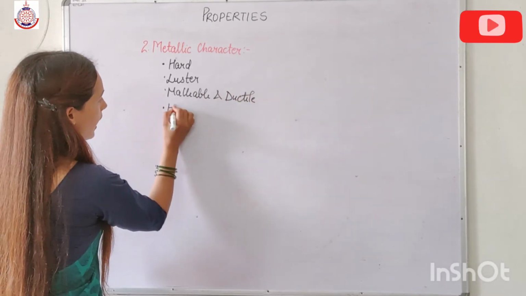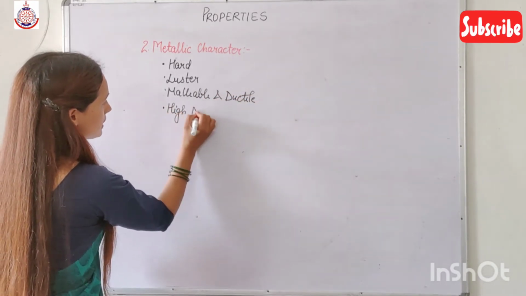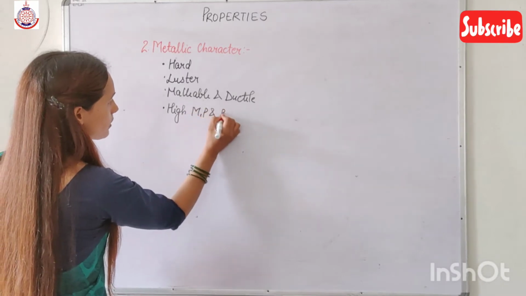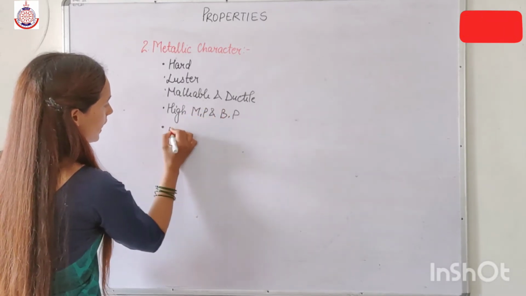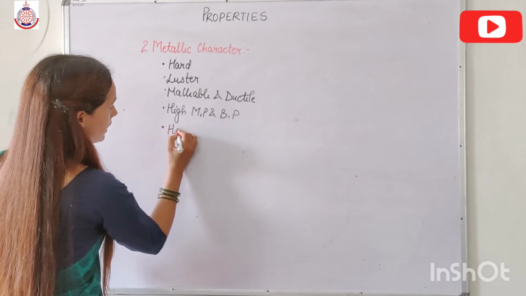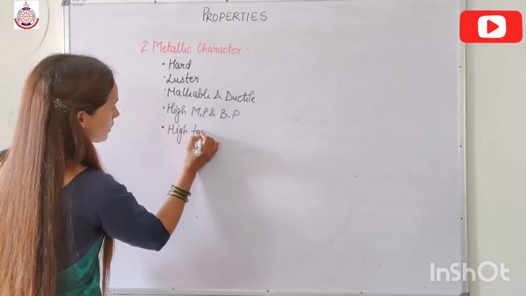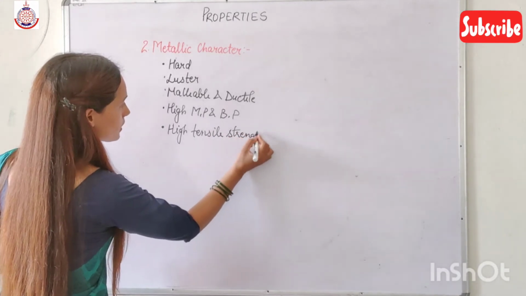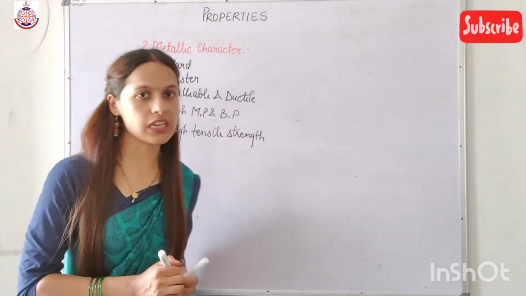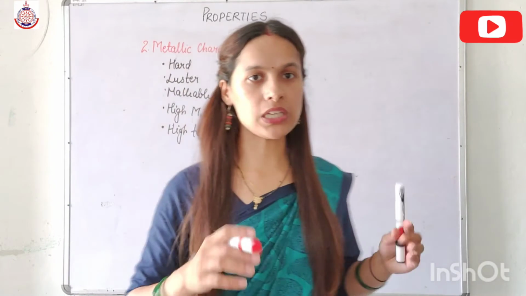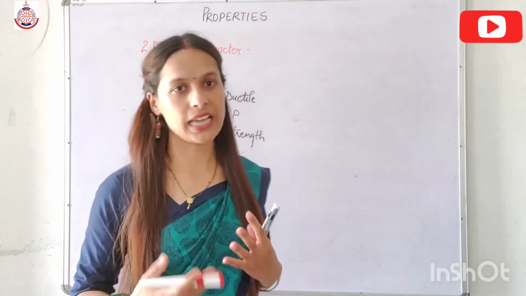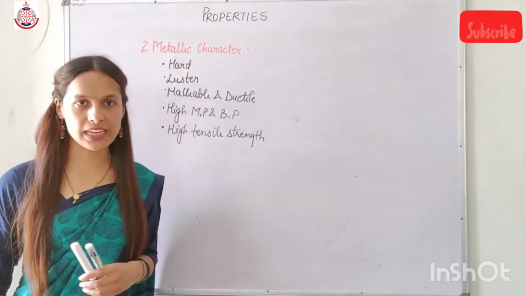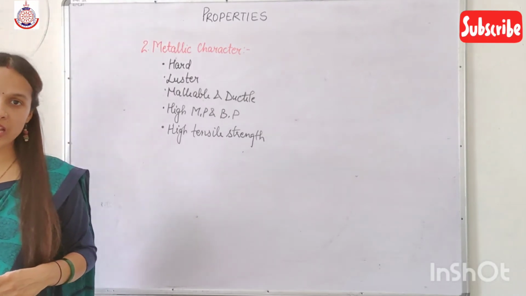they have high melting point and boiling point, they have high tensile strength. So except mercury, all other elements of the d block show typical metallic character. Now, what is the reason behind this?